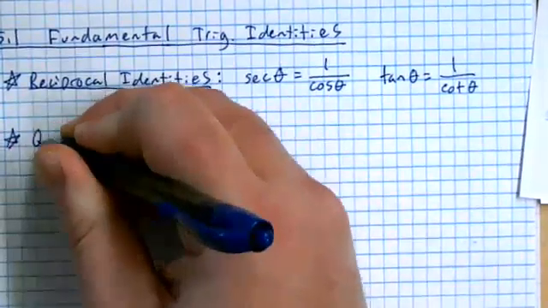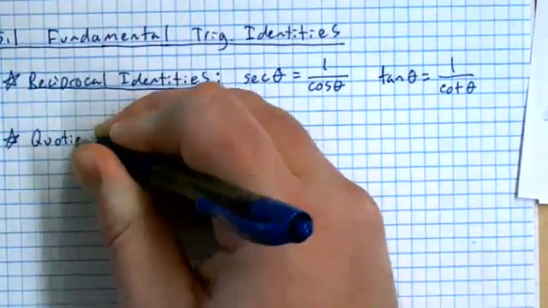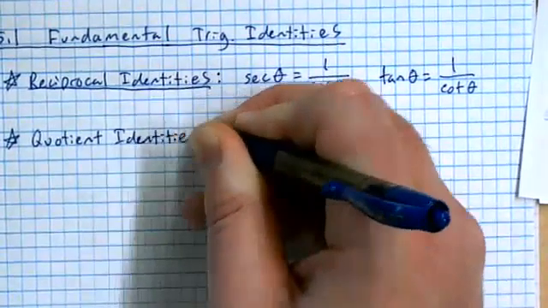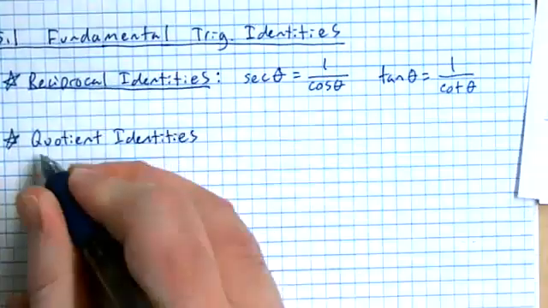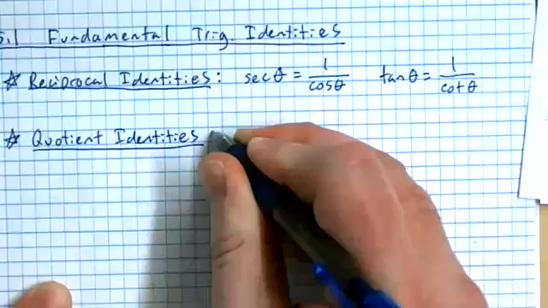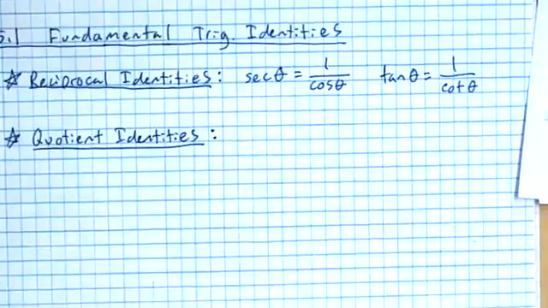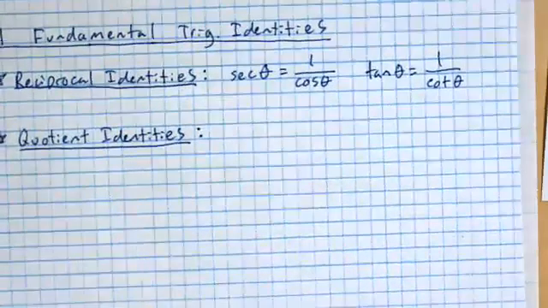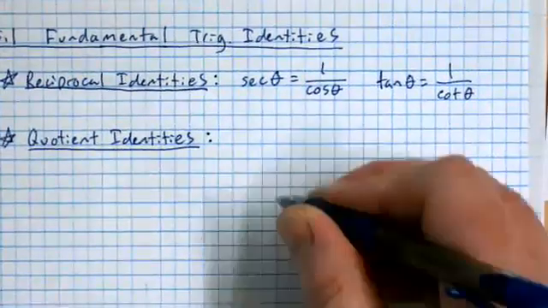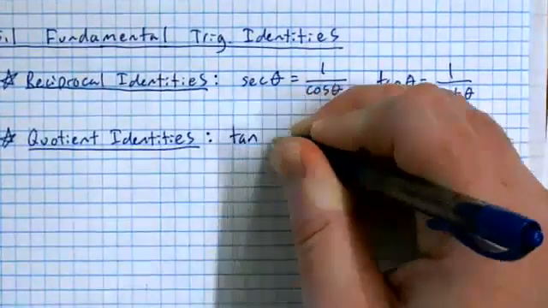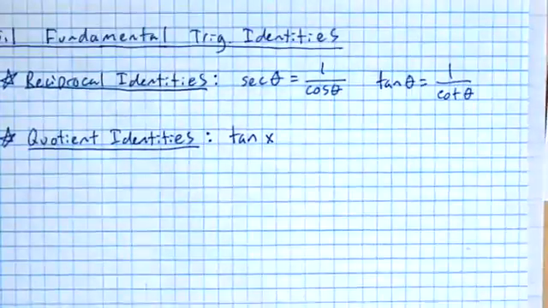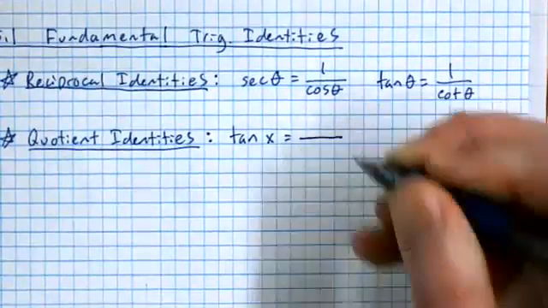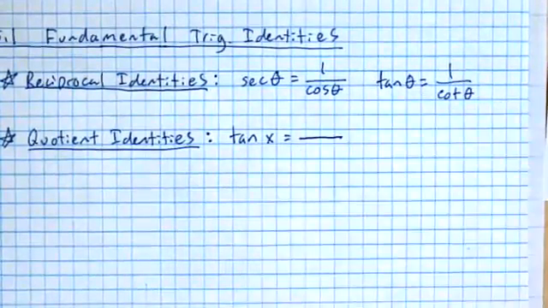We've got our quotient identities. And these are so important that we actually introduced them back in chapter 4, or at least one of them. When we were talking about the unit circle, we talked about how tangent, I'm going to go x instead of theta, tangent is equal to, if y'all remember what it is, sine over cosine.